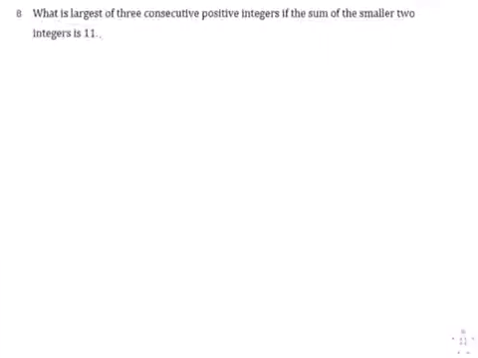Number 8. What is the largest of 3 consecutive positive integers if the sum of the smaller two integers is 11? So first thing to remember is what our formula is, or what do we use for consecutive integers. And in this case, we use n plus 1, and n plus 2, because that will give us the next consecutive integer.